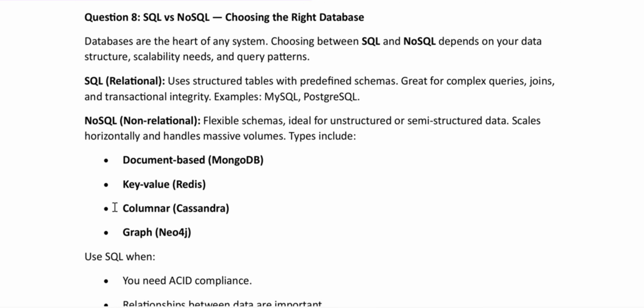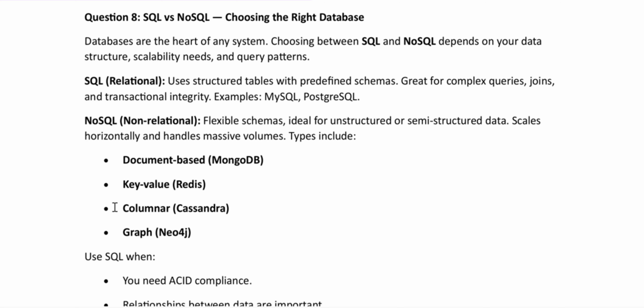Moving to the next question. What is SQL versus NoSQL? Choosing the right database in a system is very crucial. Databases are the heart of any system. Choosing between SQL and NoSQL depends on your data structure, scalability needs, and query pattern. SQL, also known as relational databases, uses structured tables with a predefined schema, great for complex queries, joins, and transactional integrity.